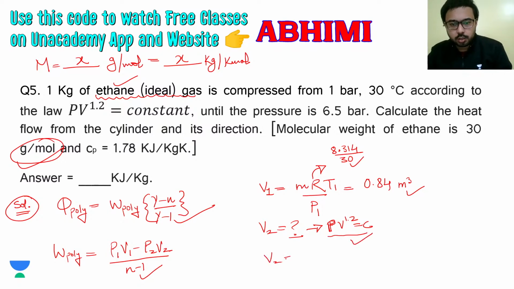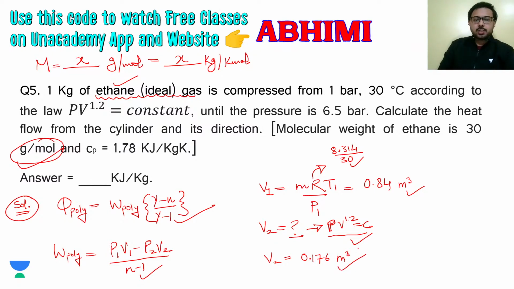V2 is coming out as 0.176. So now let's find the work polytropic. It will be (P1 V1 minus P2 V2) divided by (n minus 1).